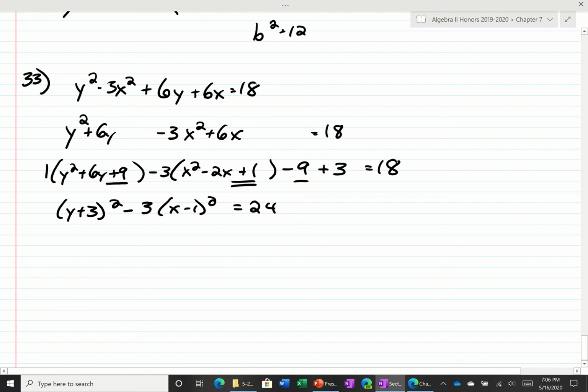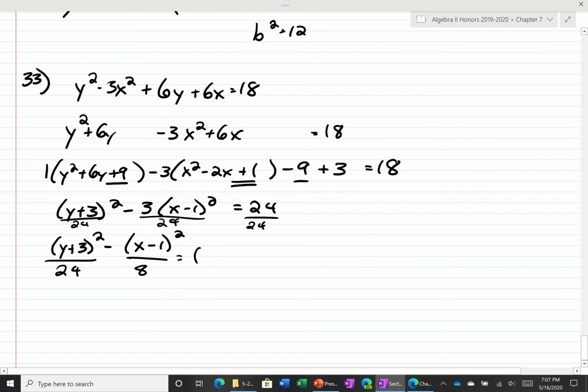Just make sure I did that right. Negative 6 and plus 6. Yep. And we could divide everything by 24, and we get y plus 3 squared minus x minus 1 squared. If we divide everything by 24 here, that's what we get. So a squared would be 24.